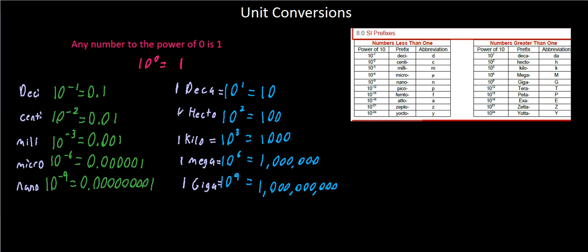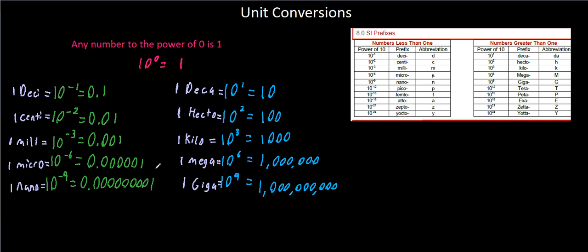So 1 hecto is equal to 100 of whatever we're talking about. 1 deci is 0.1 meters, so 1 decimeter. That's less common than 1 centimeter, let's say, which is 0.01 meters. 1 millimeter is equal to 10 to the negative third, or 0.001 meters, and so on and so forth, which is why I like this chart in your notebook so much, because of all of its practical applications.